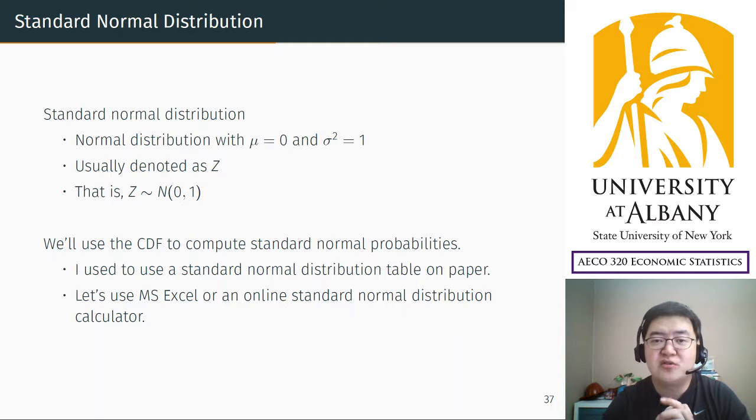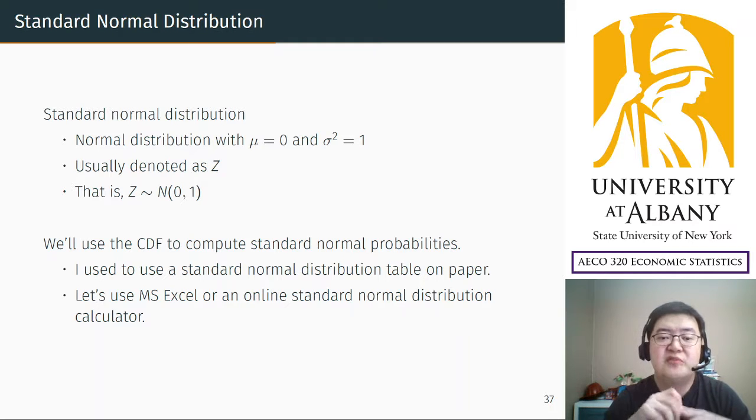And I introduced two different approaches to define and characterize the probability distribution for a continuous random variable. One was the cumulative distribution function approach.